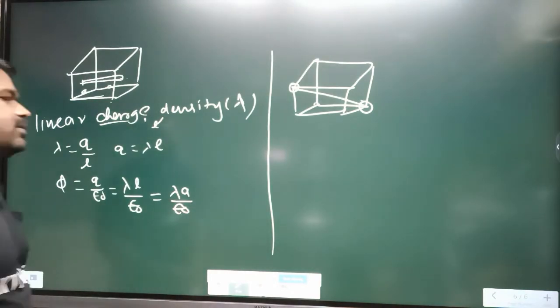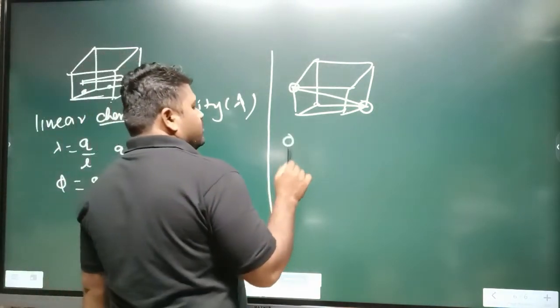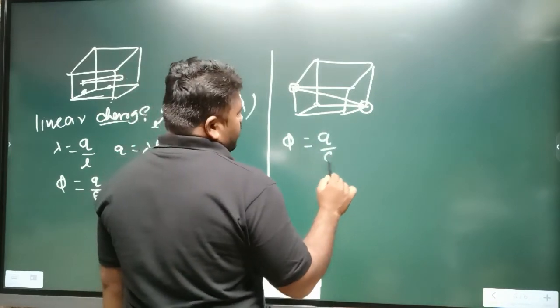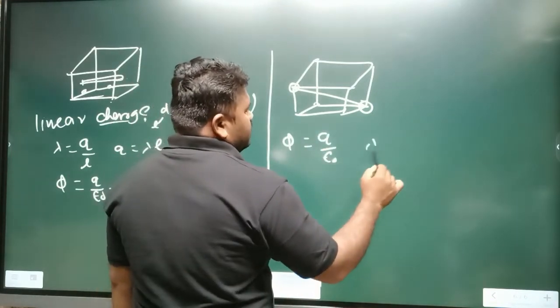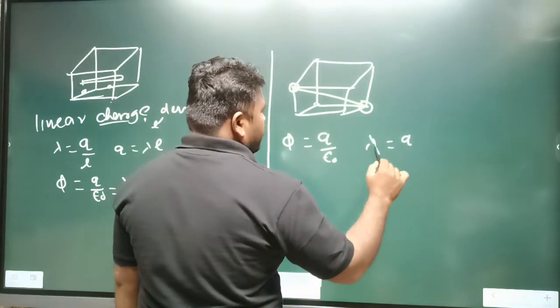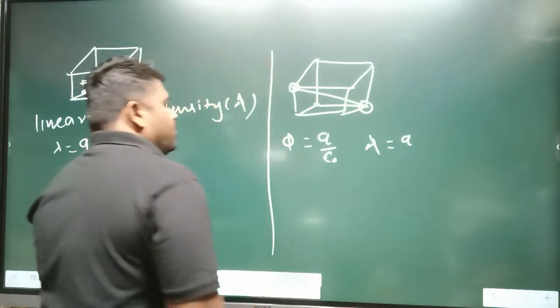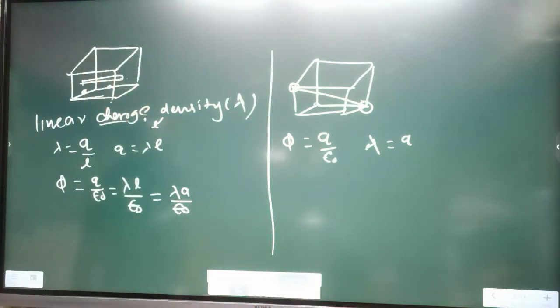Flux phi is equal to Q by epsilon naught, and lambda is equal to Q upon L. What is the L value here?